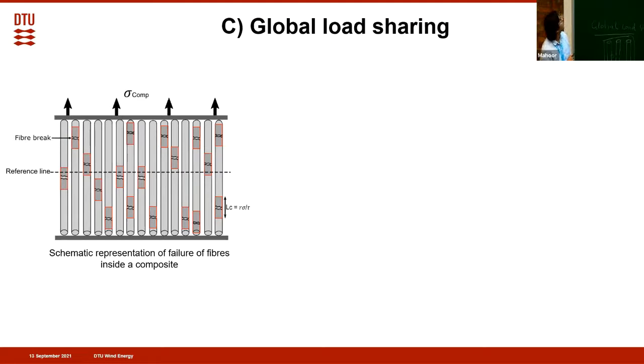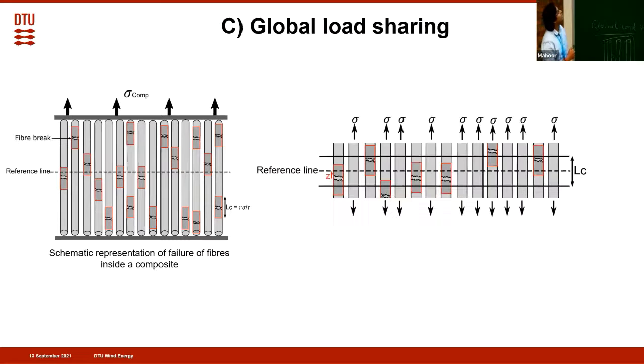This point here shows the LC, the length from the fiber break over which this tau is acting. If we analyze this magnified version, through this reference line, we can take LC as the width of that reference line.